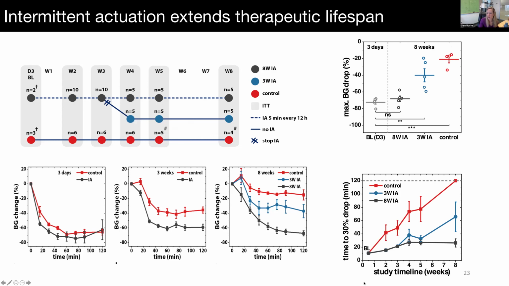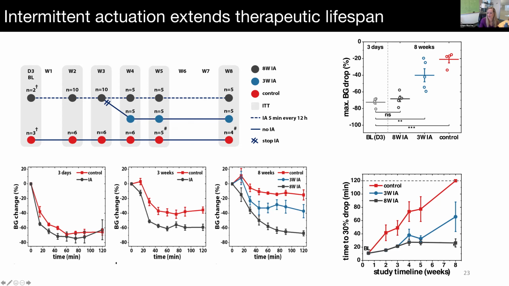If you look at the time to get to a 30% blood glucose drop in the control group, over time in the study, you can see how it gets higher and higher, and it takes longer to get to the same blood glucose drop. Similarly, when you stop actuating at 3 weeks, you get this longer response time.